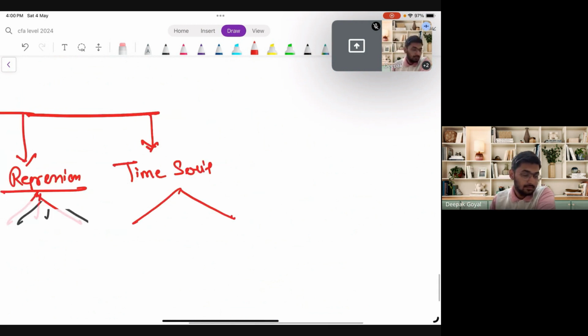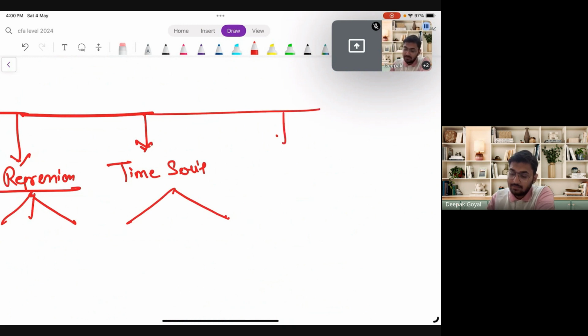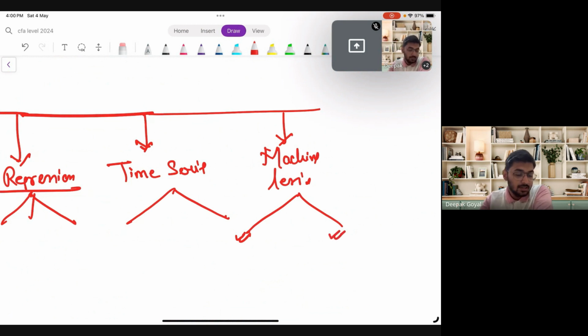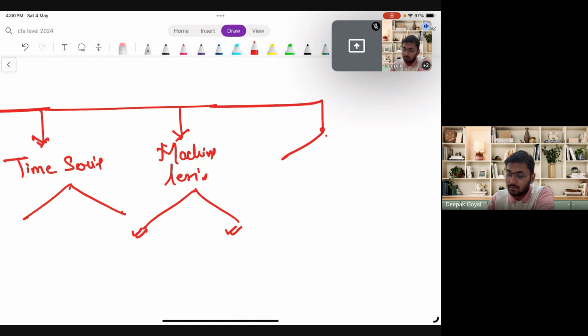Then one segment is machine learning. In machine learning, you have 2 topics: machine learning models, and machine learning and predictions. Then you have 2 topics under a single head, that is measuring return, volatility and correlation, and simulation and bootstrapping. Clear? So this is the way you are going to finish your quants.